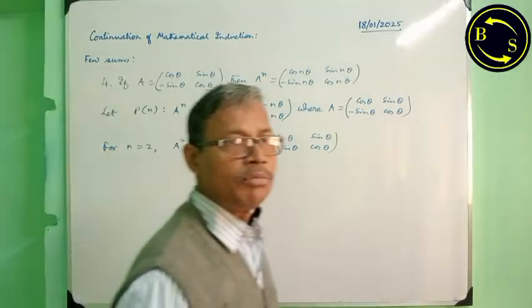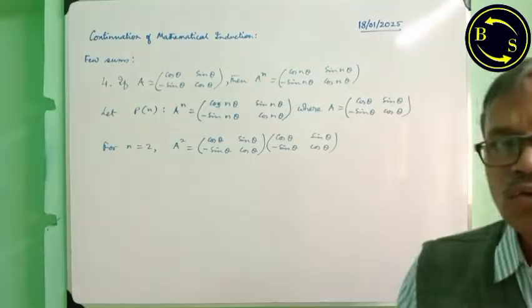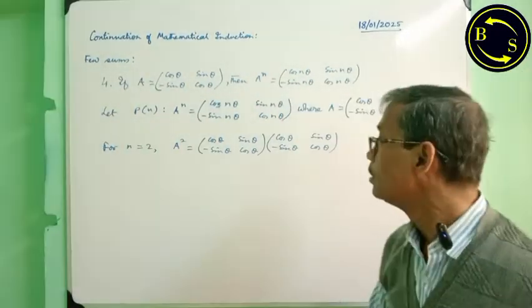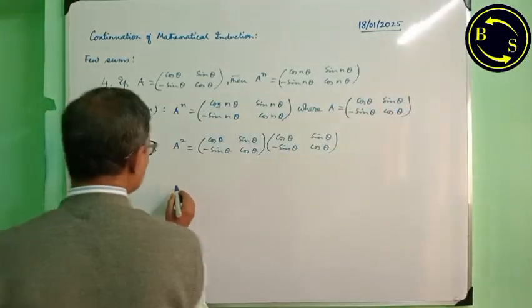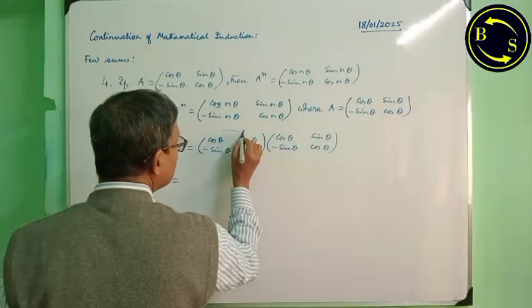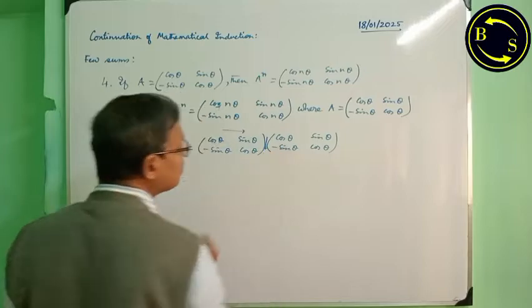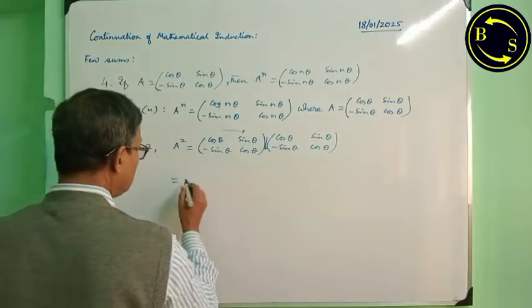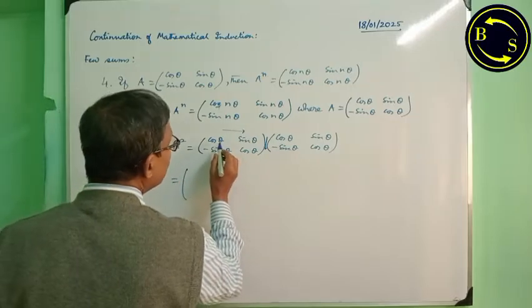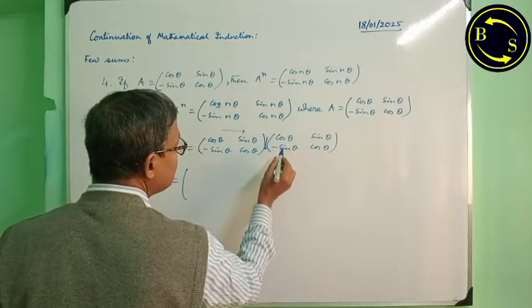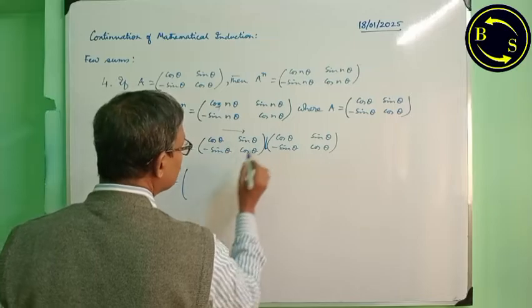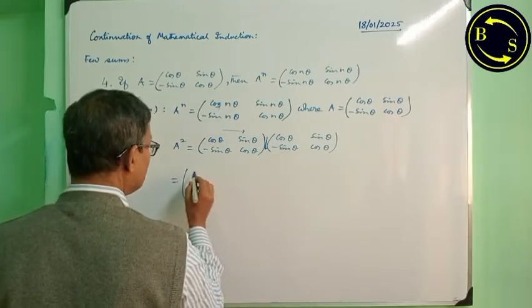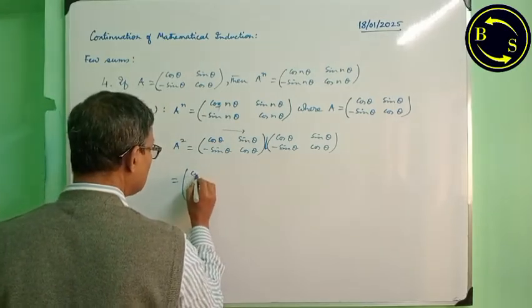In the earlier episode, I have discussed how to multiply two matrices. Now I write here the result. We multiply row column wise, and that is why we put the symbols like this. Then in the first row, cos square theta plus sin square theta, cos square theta minus sin square theta.